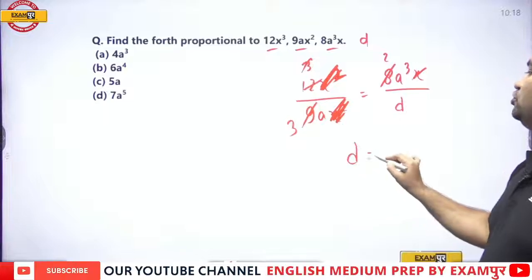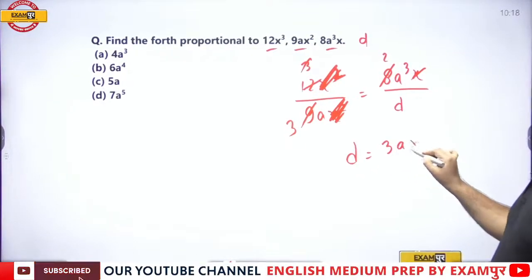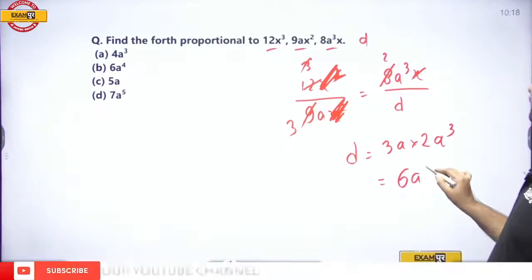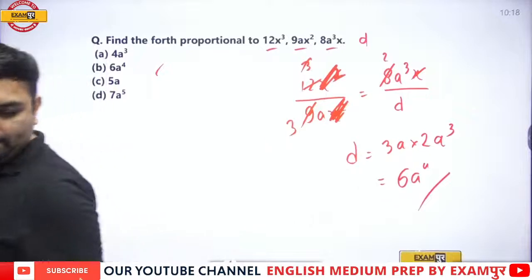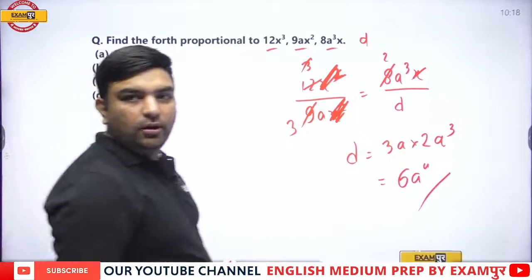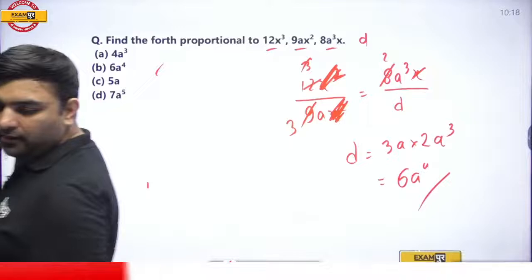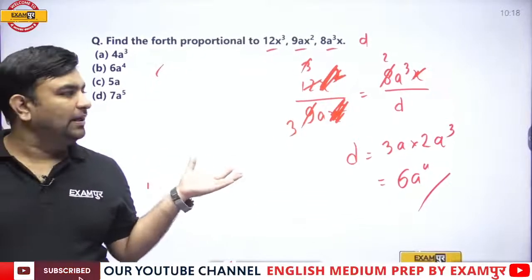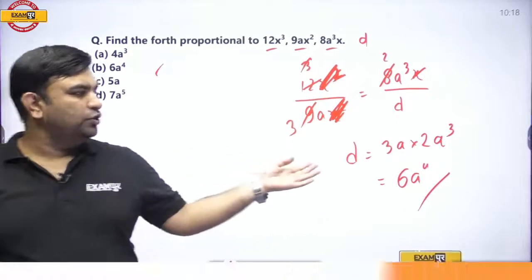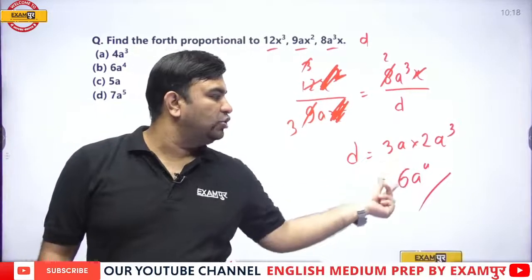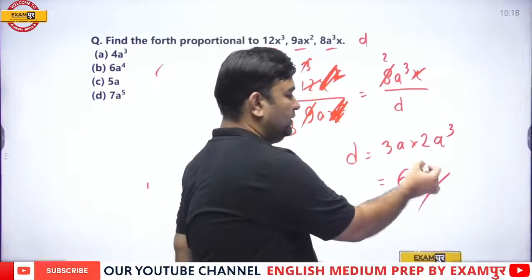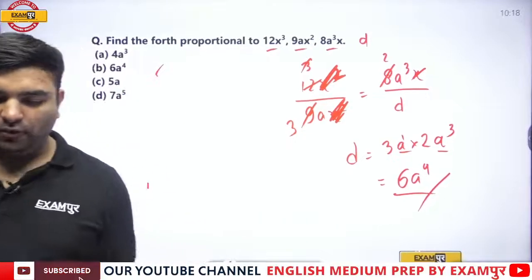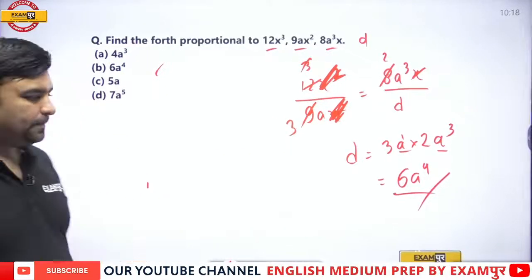So D comes out to be 3a into 2a cube, that is 6a to the power 4. Is it clear to all? Only a simple simplification, a simple cancellation of numbers. 3a into 2a cube, that is 6a to the power 4, as a to the power 1 plus a to the power 3 is a to the power 4. Next.